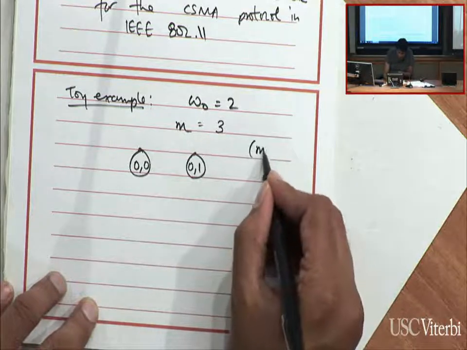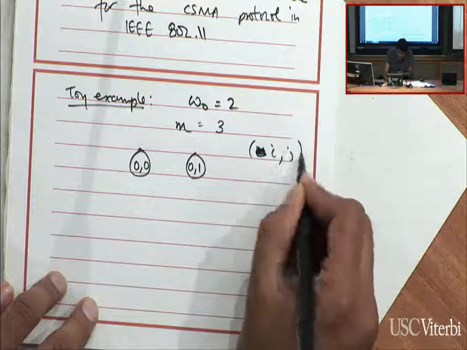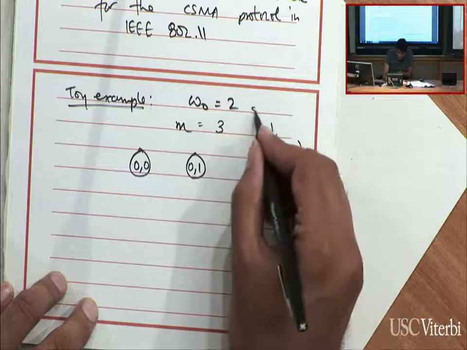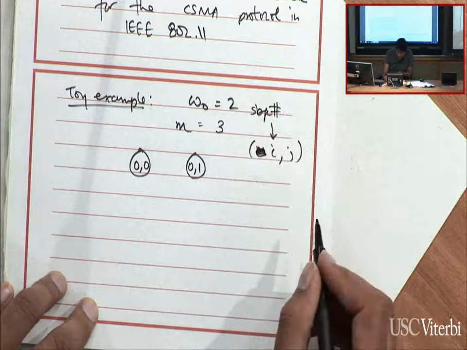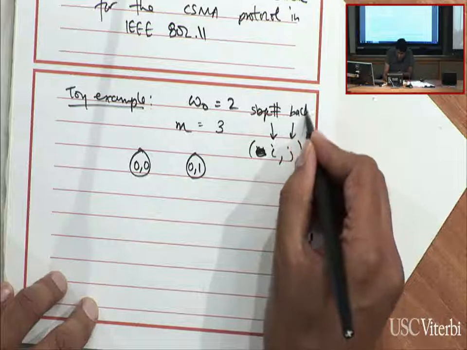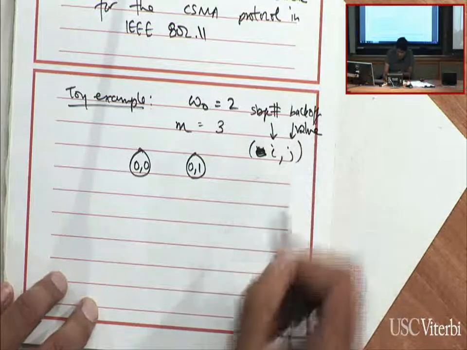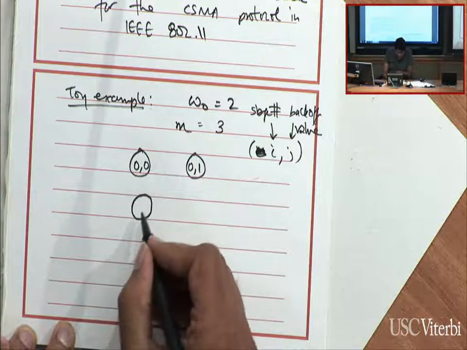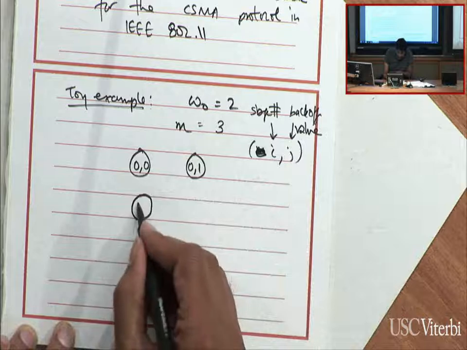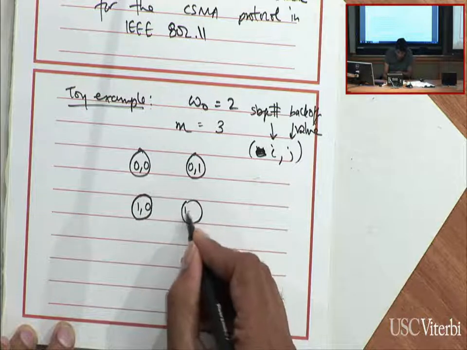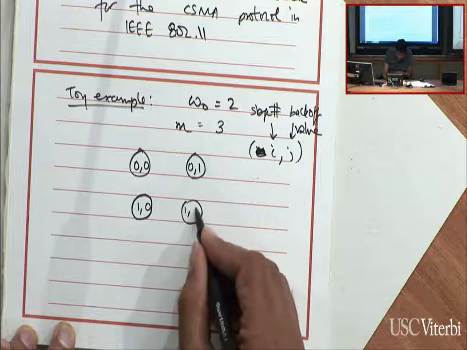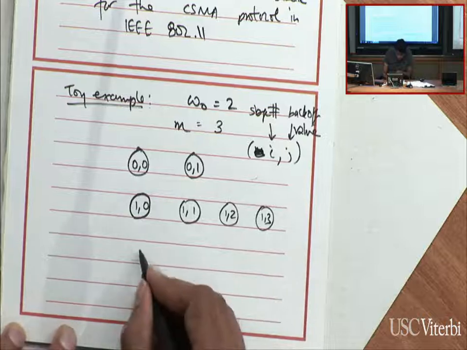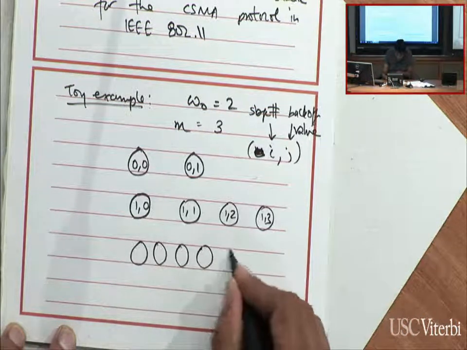So we're indexing by, let's call it i, j, where i is the stage number and j is the back-off value. After that, if it went to the second stage, the possible values that the back-off could take on in the stage are these 4 values. Okay. And then the last stage, there's sort of 8 possible values it could take on.